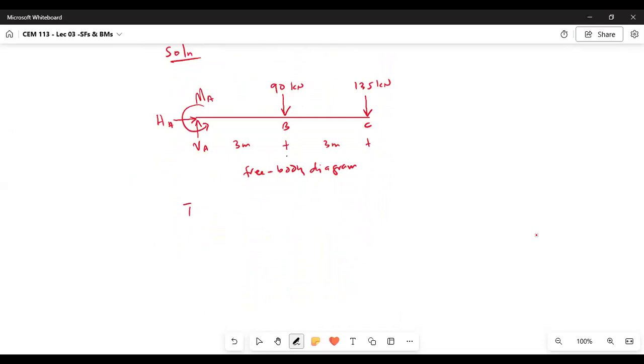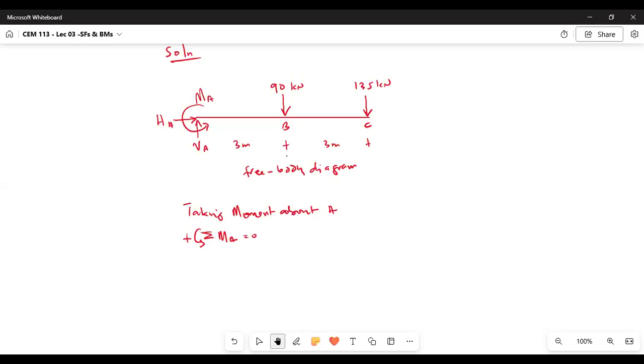So I'll say taking moment about A. And you remember our formula: the sum of moments about A is equal to 0, with anti-clockwise positive. Now, if we take moment about A, it means A is our pivot, and the 90 kilonewton will be a clockwise moment, the 135 will be a clockwise moment, and the horizontal and vertical forces at the point are 0, but the moment cannot be 0.